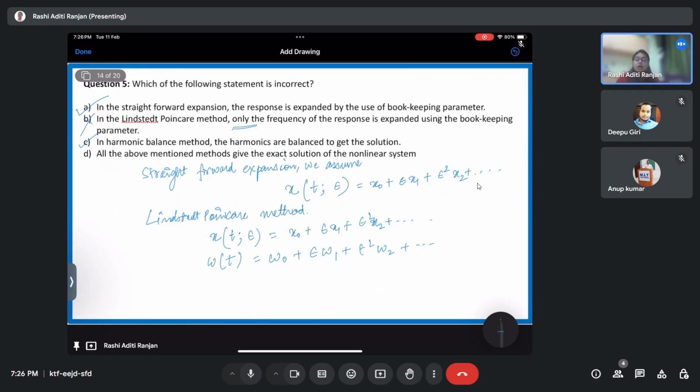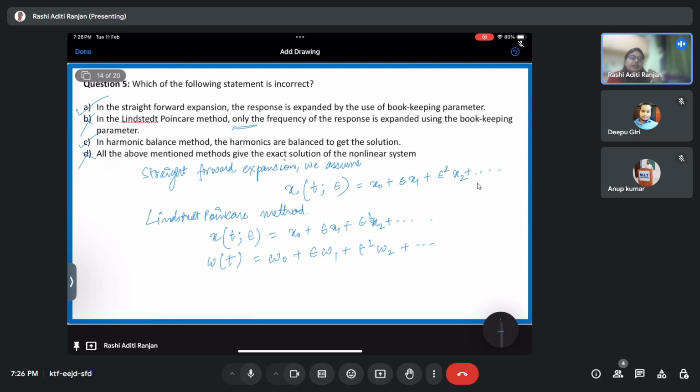Or we can use the harmonic balance method, but there also we ignored the higher harmonics and we assumed that my solution is periodic, which is not true, because in case of a chaotic system, we can have periodic, quasi-periodic, or chaotic responses. And chaotic is aperiodic, then how will we find the solution? So this is essentially wrong.